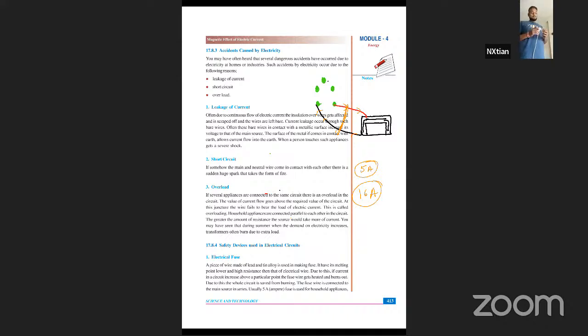Understood? This is the main thing that you should know: don't put many appliances on an extension board, or if you are using one, then use a good quality extension board. Understood? Everyone understood?